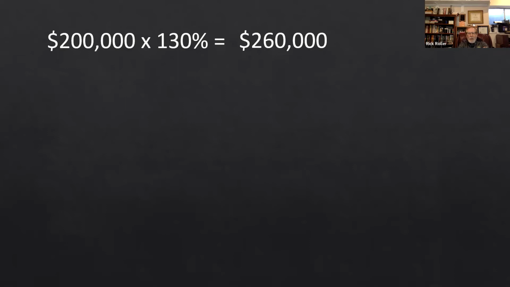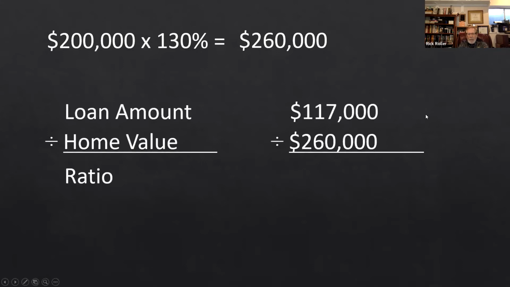So let's continue to work on our formula here. We need to put our formula back up again. They gave us our loan amount was $117,000, so we put that at the top. We need to divide that by the current value, and that'll give us a ratio. Divide the one on top by the one on the bottom, and that gives us a ratio of 45% loan to value.